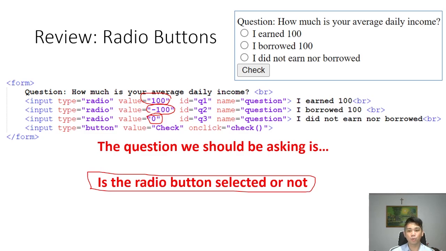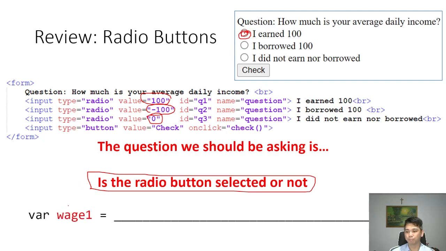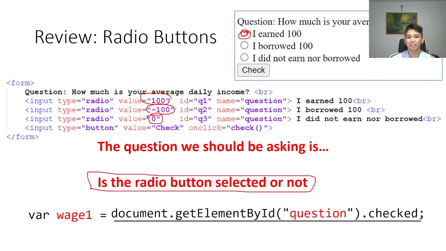There is an actual simpler method to check whatever is checked among the radio button group, and that is by using document.getElement by ID dot check. So this code, document.getElement by ID dot check, will actually return a true or false value.